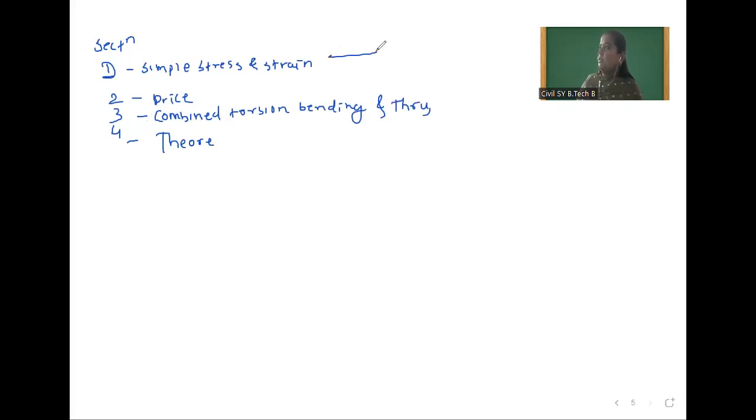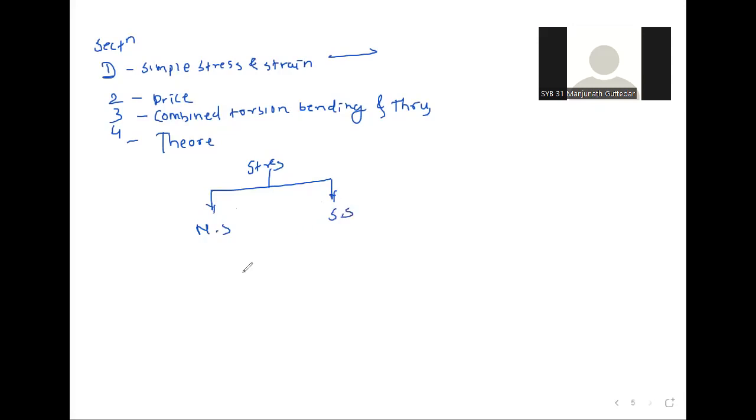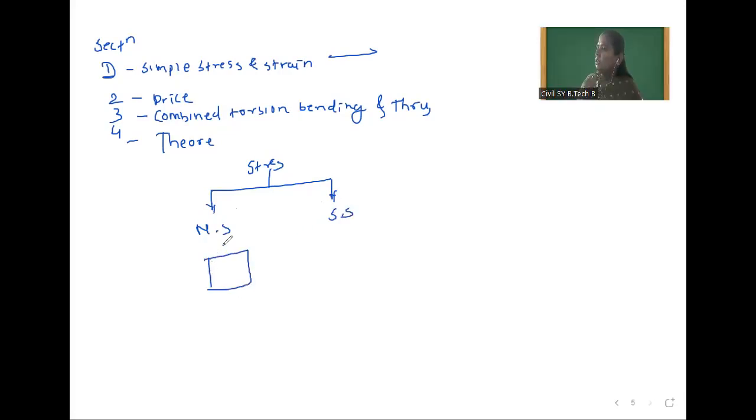So in this first unit we have discussed what is meant by stress, types of stresses, basically 2 types of stresses. First one is the normal stress and second one is the shear stress. Normal stress means force perpendicular to the cross section and shear stress means force along the cross section.